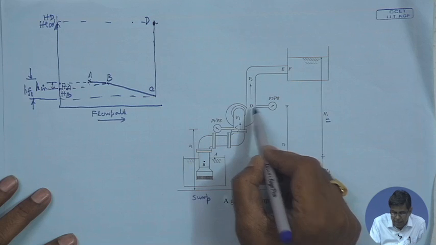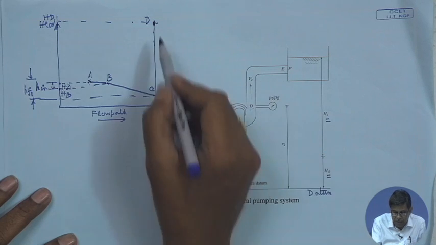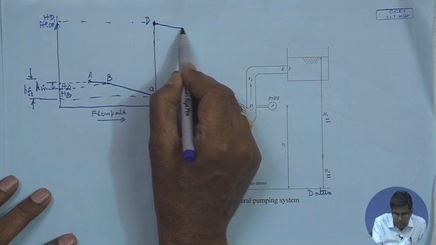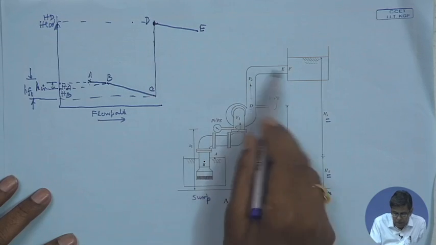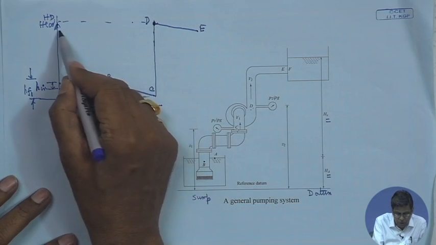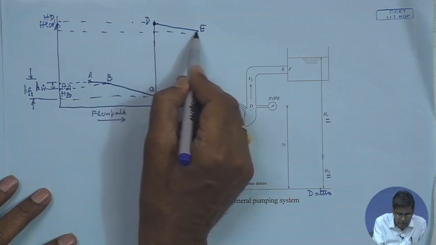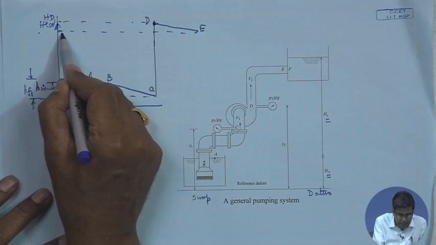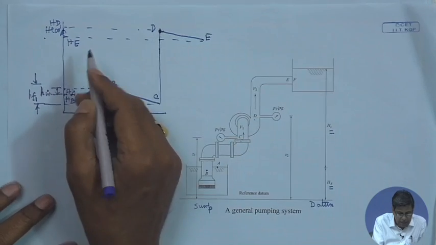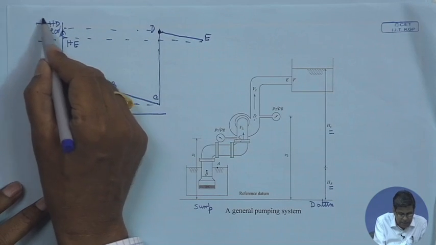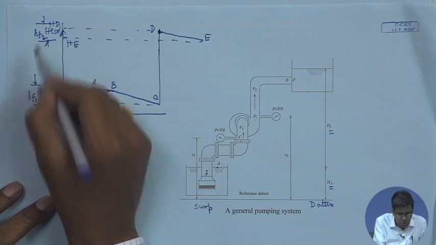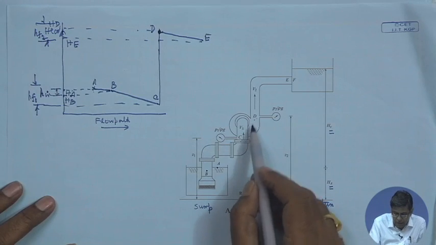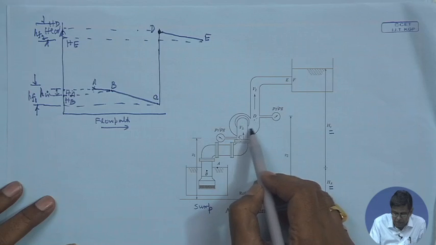So the head at D and the head at E differ by the frictional loss in the delivery pipe. If we show this as HE, then the difference between HD and HE is HF2, the frictional head loss in the delivery pipe.